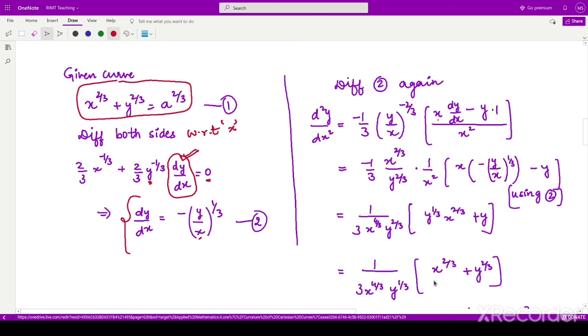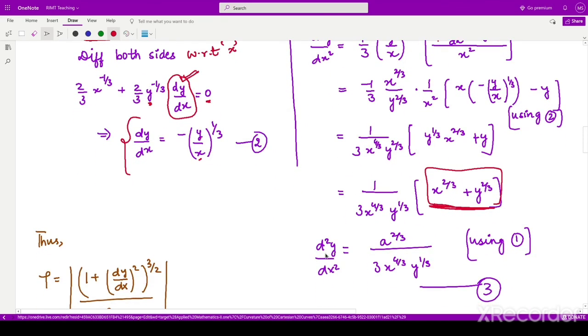So that means x to the power 2 by 3 plus y to the power 2 by 3. Now look at your given curve. This curve is given to be a to the power 2 by 3. So you can replace this whole quantity with a to the power 2 by 3 here. So finally your second derivative becomes a to the power 2 by 3 divided by this thing.